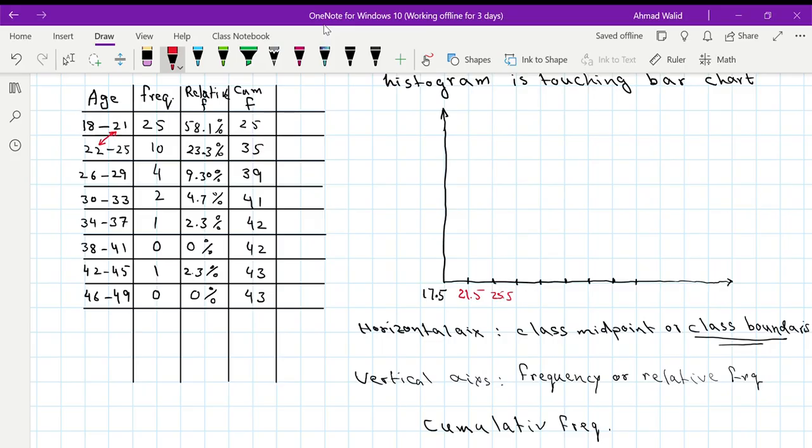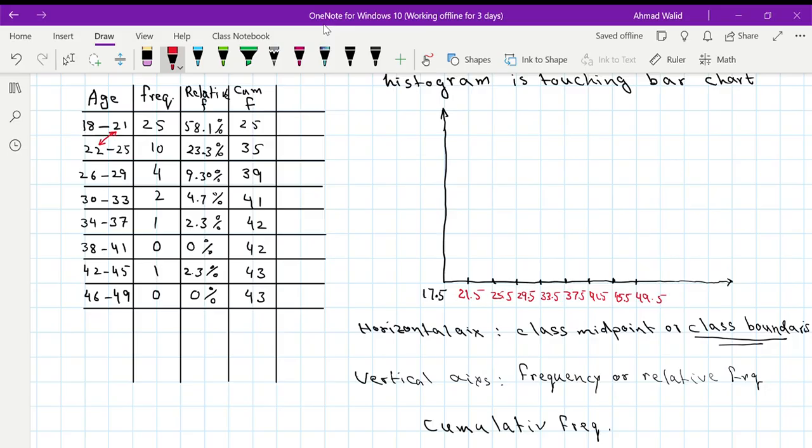Next one will be 29.5. Next one will be 33.5. Next one will be 37.5. Next one will be 41.5. Next one will be 45.5. And next one will be 49.5.